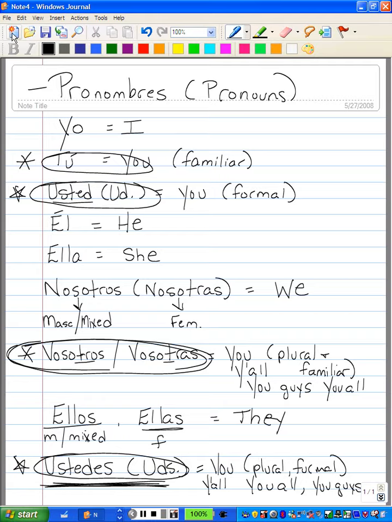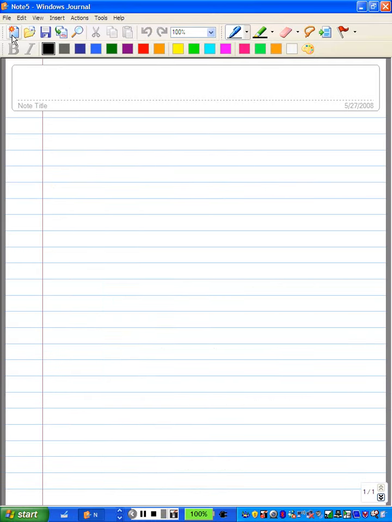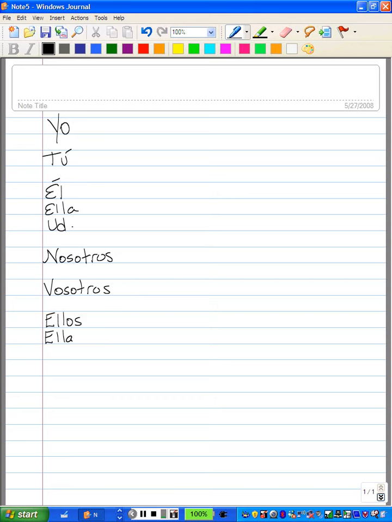Let me clear this page up for you a little bit. So you have the pronouns here. You have yo, you have tú, you have the pronouns él, ella, usted, you have nosotros, you have vosotros, and then you have ellos, ellas, and ustedes.